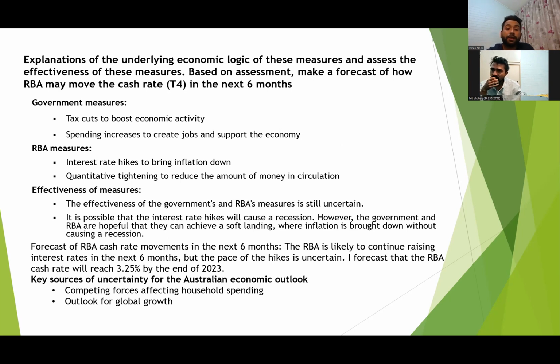Based on this assessment, I make a forecast of how the RBA may move the cash rate in the next 6 months in Australia. Here we can see government measures and RBA measures, where we want to present the underlying economic logic of the measures.